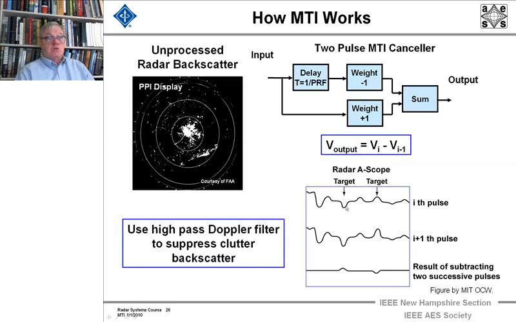And so what you're going to do is between pulse to pulse, the target that's moving with a Doppler velocity will change, as it does from here to here and from here to here.